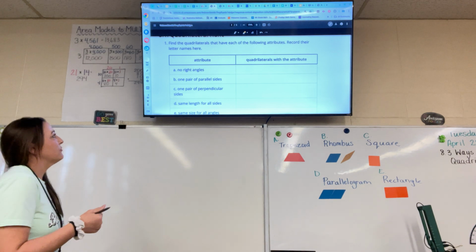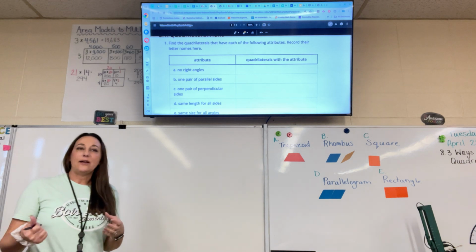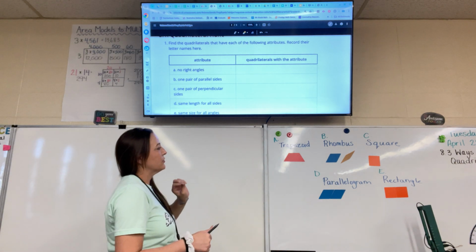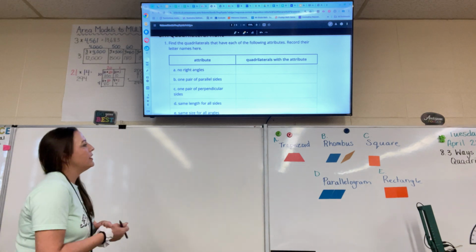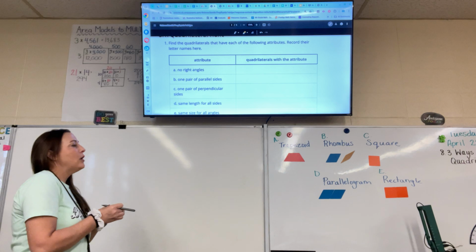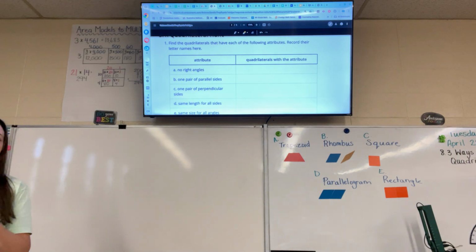So for example, the first one says no right angles. When you look at these figures, which one or ones have no right angles?